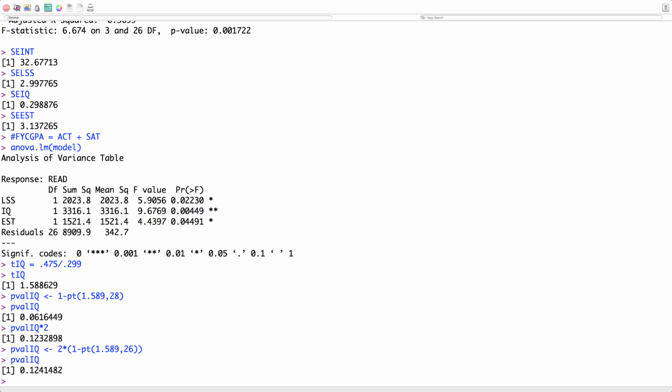Yeah. So make a note, the degrees of freedom for the test statistic is n minus p when we have p minus 1 predictors, or it would be n minus k minus 1 when we consider k predictors.